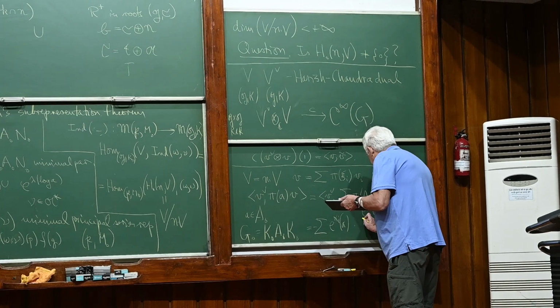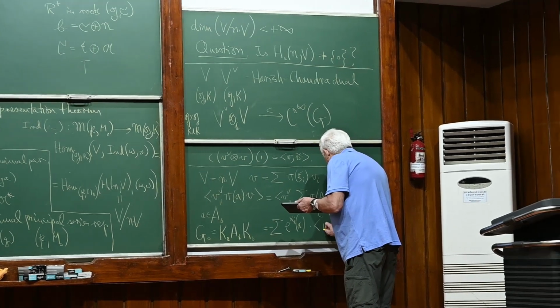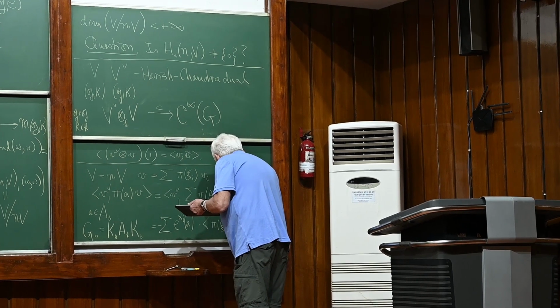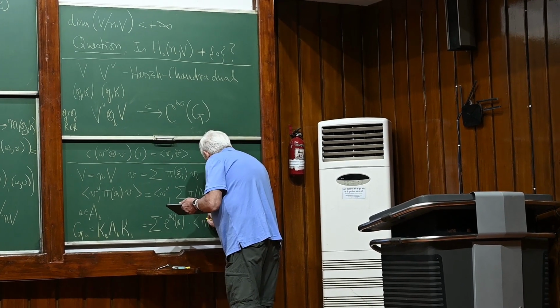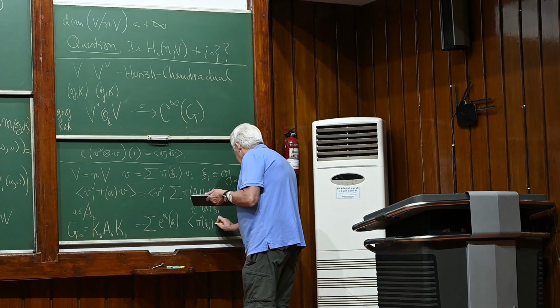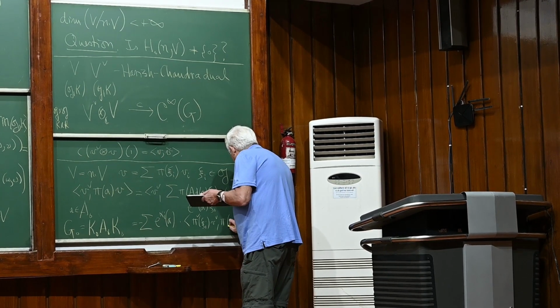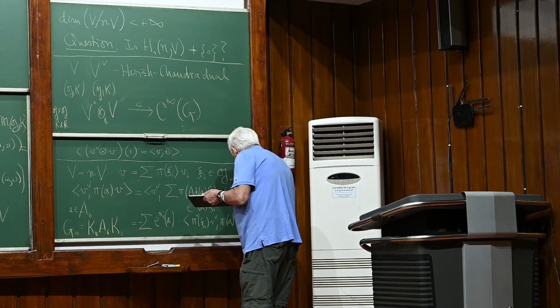I will get minus pi ci check, ci v check, and then pi a v I.